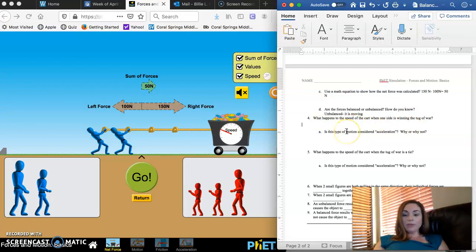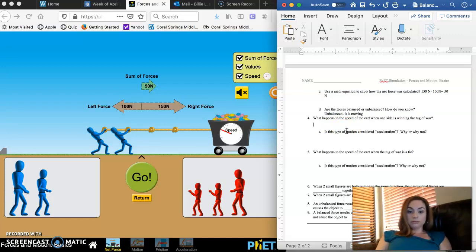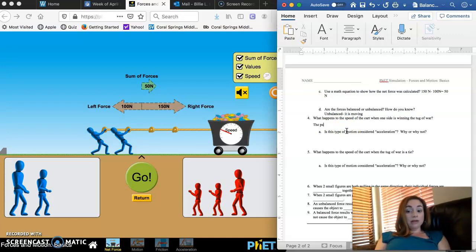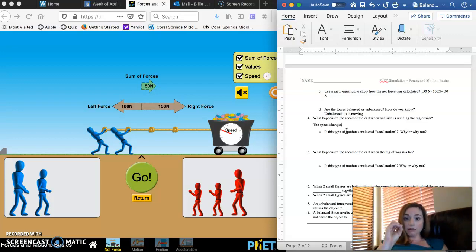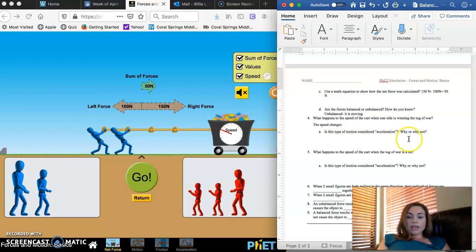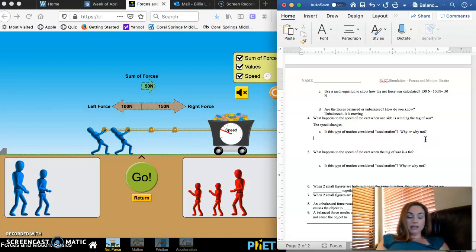Okay, what happens to the speed of the cart when one side is winning tug of war? Well, the speed changes. It goes from being 0 to a value. It's starting to move. Is this type of motion considered acceleration?